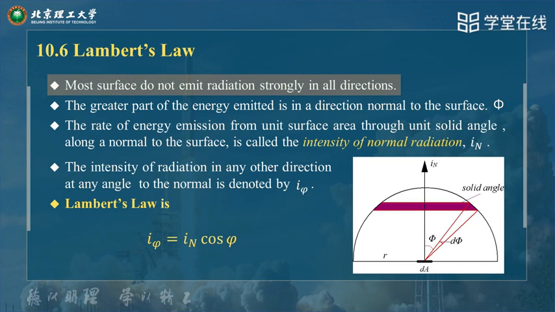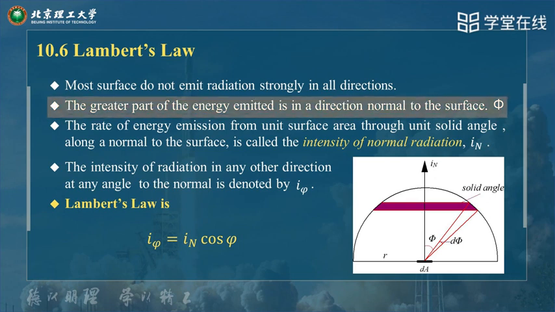The black plate emits its energy into half space, however, it is not the same in all directions. The greater part of the energy is emitted in a direction normal to the surface.